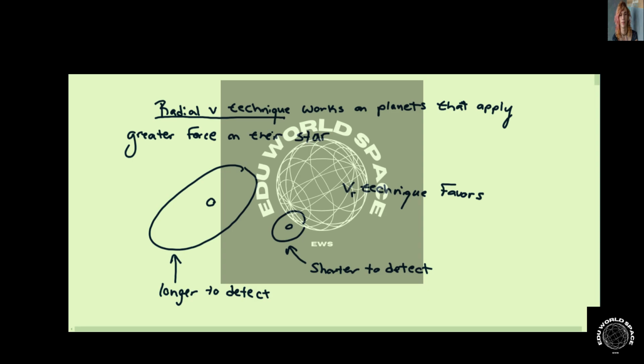Technique favors large mass, and short orbital periods. We'll put periods here, to be more specific.